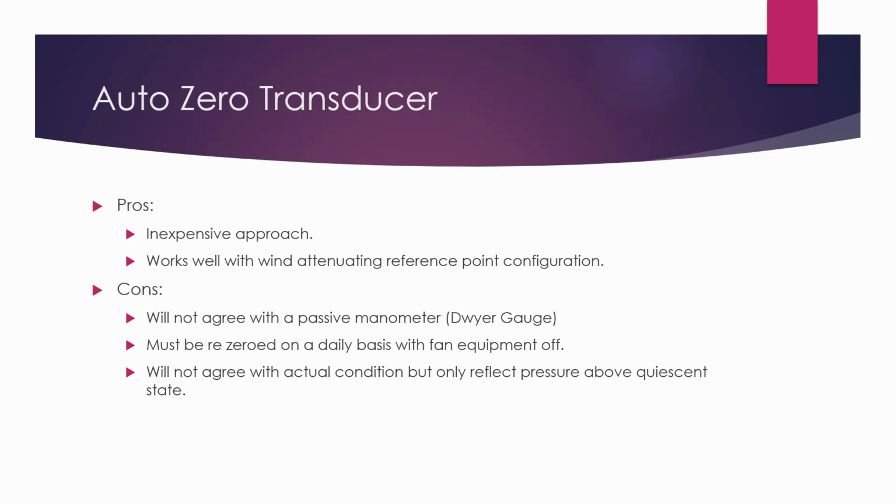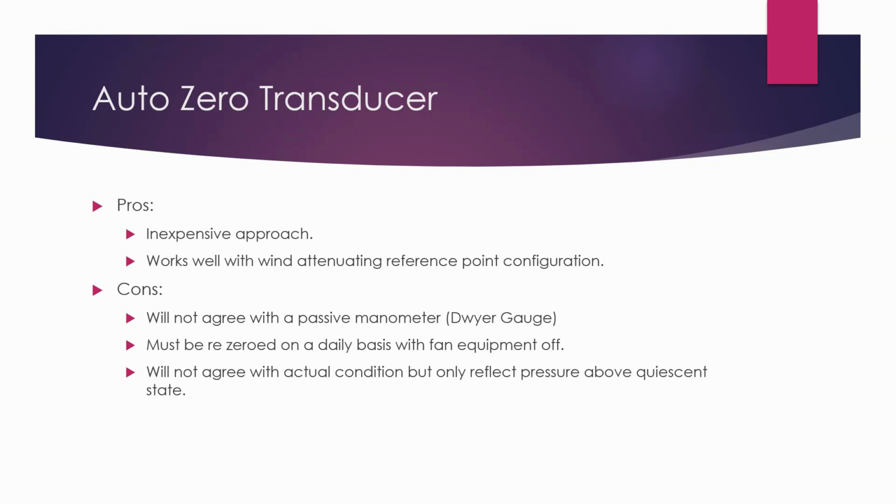It also has to be zeroed on a daily basis with the equipment off. So on buildings where you never turn the ventilation system off, say a hospital running 24 hours a day, you have no point where you can zero it.